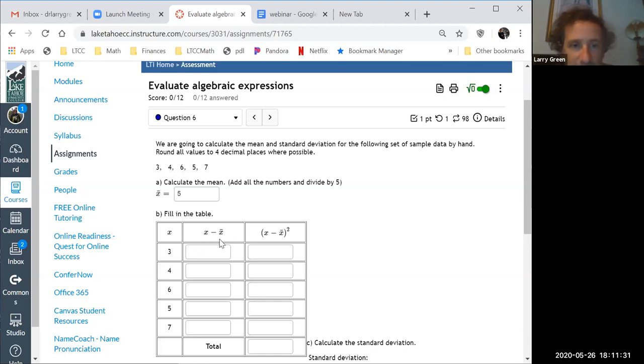So if we take x minus x bar, well, the x is 3. And if I subtract x bar, what do I get? What's x minus x bar in this case? Yeah, -2. 3 minus 5 is -2. And now we do it for all the rest. What's 4 minus 5?